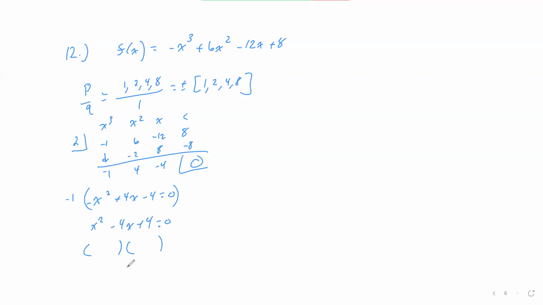Two things that multiply to 4 but add up to -4 is -2 and -2, so x minus 2 and x minus 2. Bring down the other factor, which was x minus 2, because you have to change the sign. So really, this is x minus 2 cubed. And I don't think we can go any further than that one.